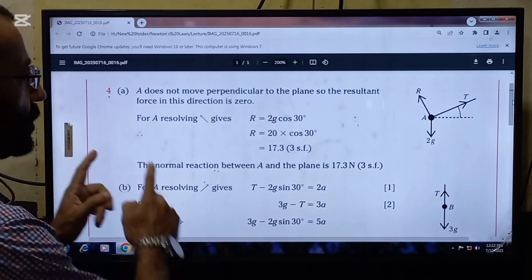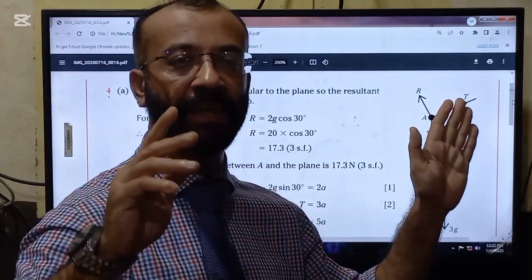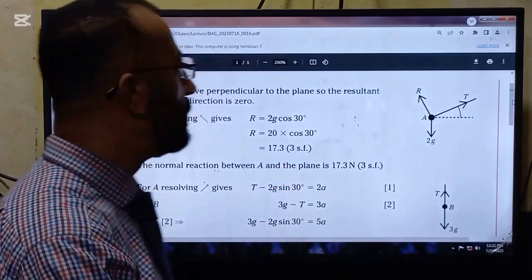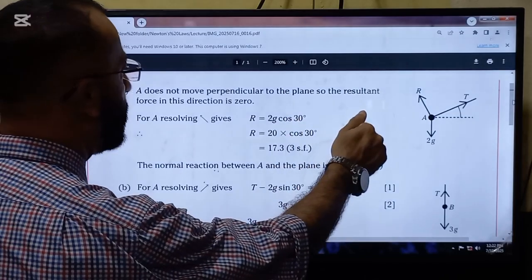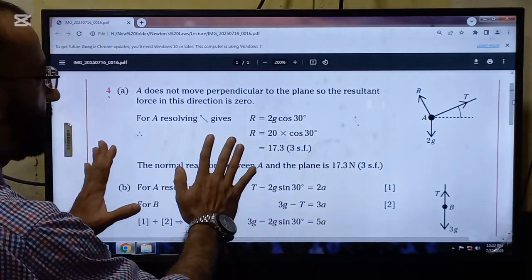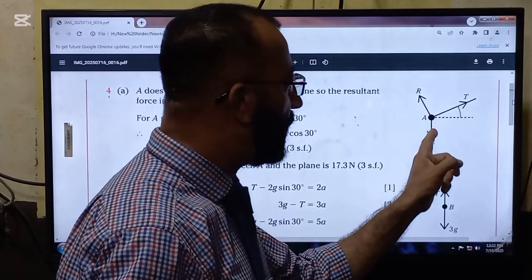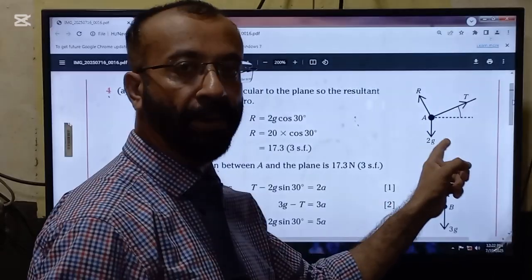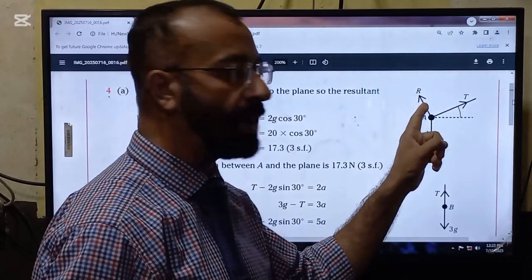For part A, the reaction of the inclined plane on the particle A is the requirement. A does not move perpendicular to the plane, so the resultant force in this direction will be 0. The component vertical to the plane will be W cos theta, exactly opposite to the reaction.